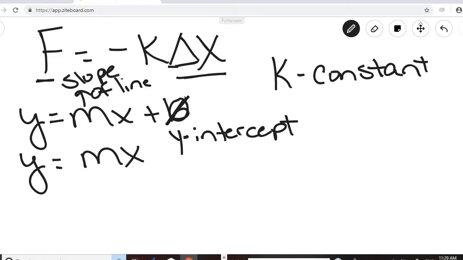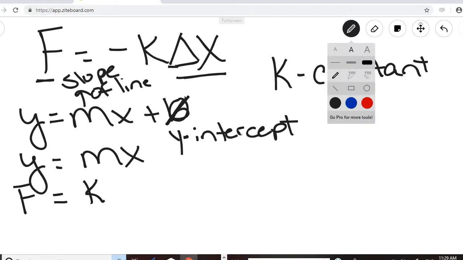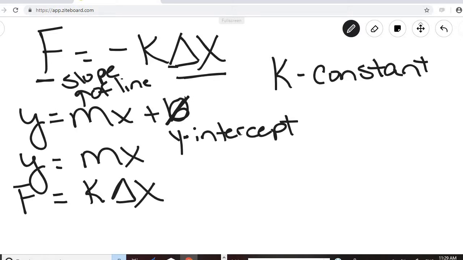And that looks an awful lot like F is equal to k times delta x. So all of that to show you that in this equation, k is the slope of the line.